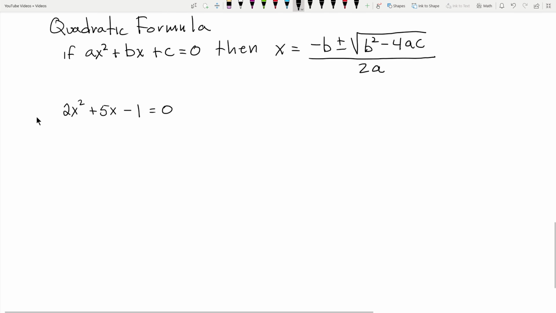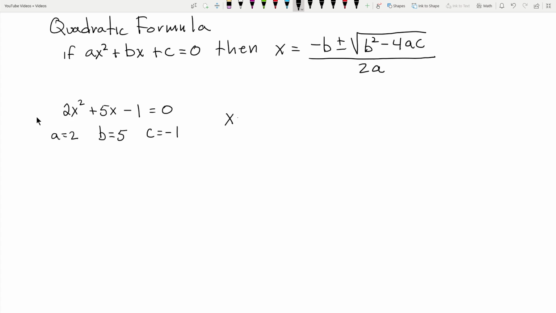All right, so to use the formula, I need to pick out the a, the b, and the c. So a is the coefficient of the quadratic term, so a is 2. B is the coefficient of the linear term, so that's 5. And c is the constant, so that is minus 1. Now I'm going to come over here.